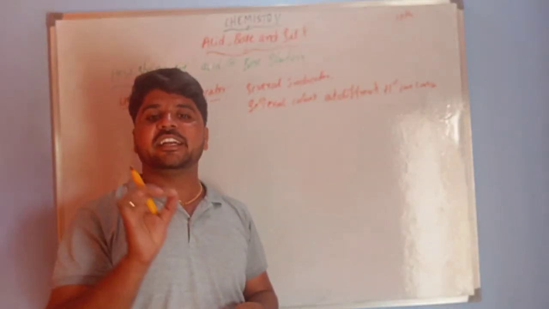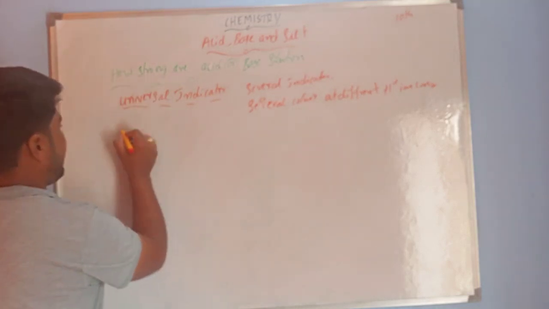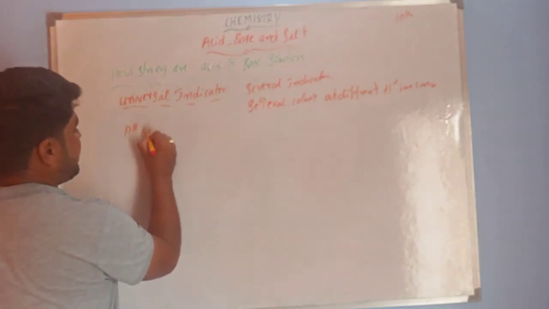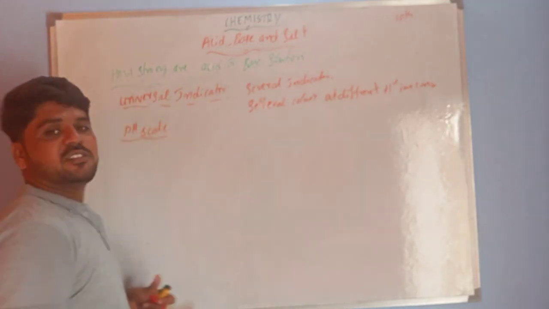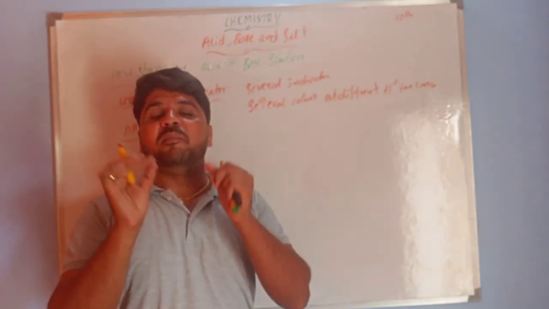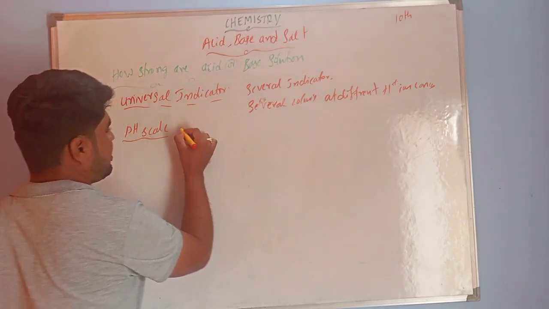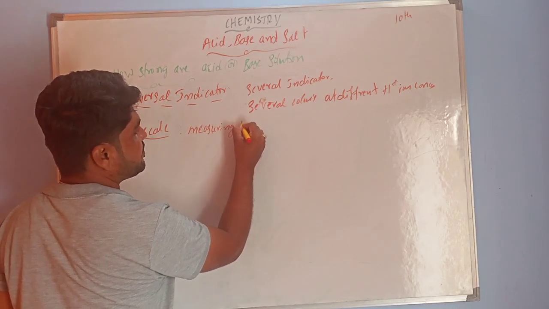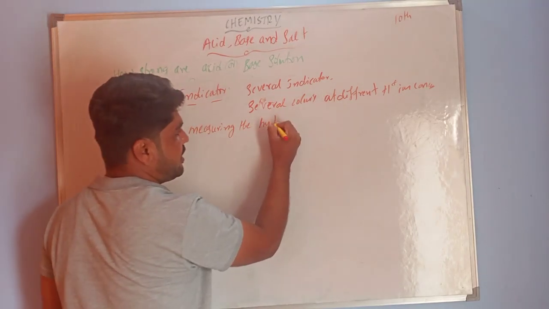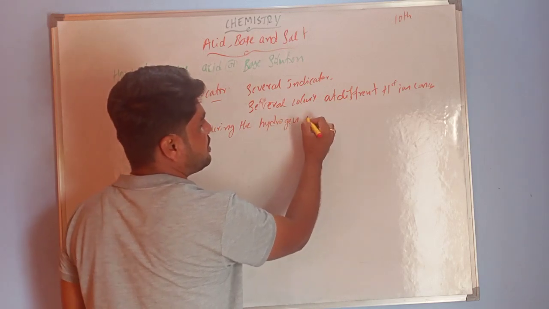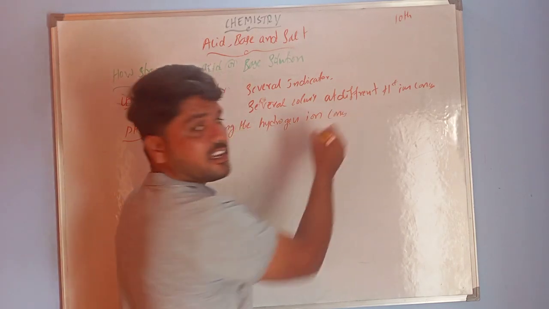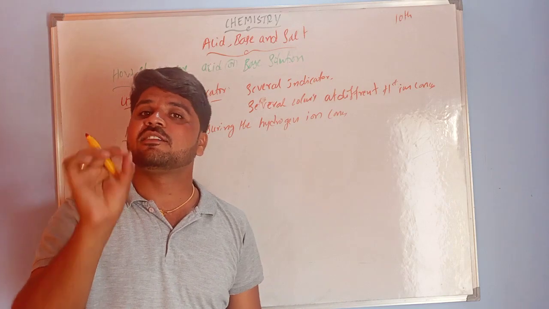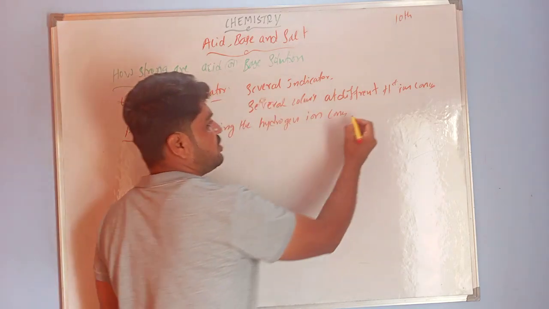That indicator scale is called the pH scale. What is meant by the pH scale? Measuring the hydrogen ion concentration in a solution.